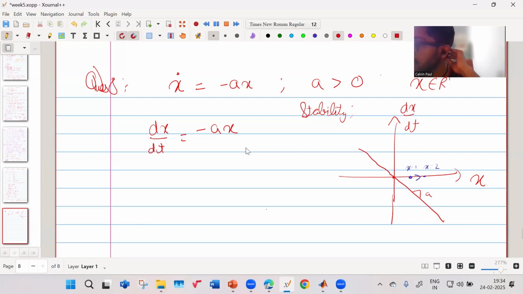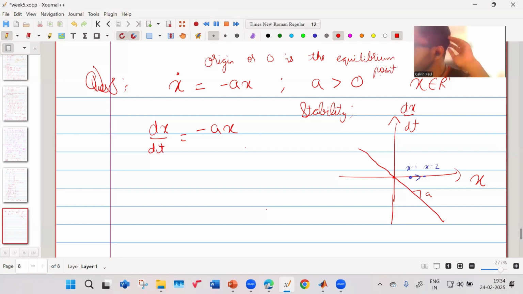Before that, I have to say here the origin or 0 is the equilibrium point. Now my x is going away from the origin, going from 1 to 2. What happens to my derivative? My dx/dt will become minus 2a, and a is greater than 0.